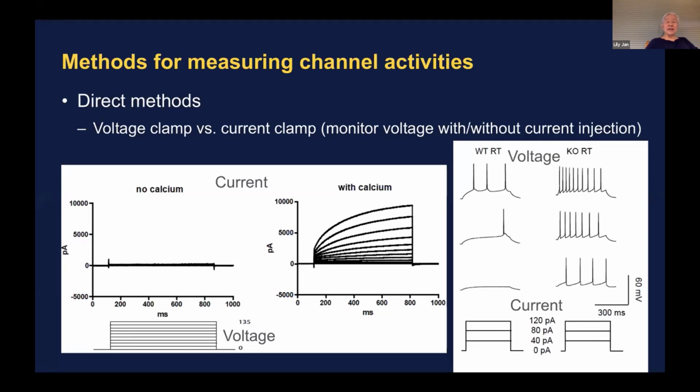So we use a feedback circuit to inject current into the cell, balance out the current flowing through the channel to maintain the membrane potential at this constant level. And we measure the amount of current injected into the cell via the feedback loop, and that gives a measure of the current flowing through the channel.